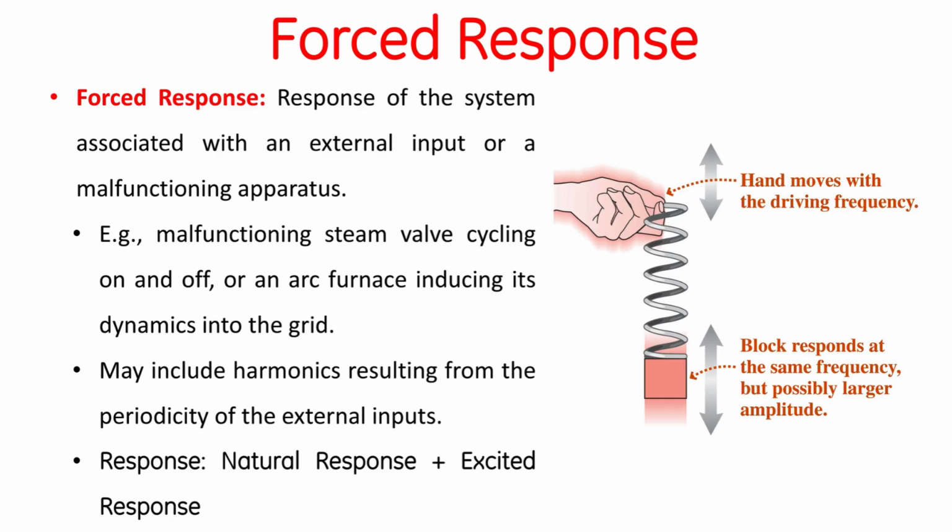The sources gave some pretty clear examples here, didn't they? They did. A classic one was a malfunctioning steam valve on an old-school generator. If it starts cycling open and closed, it injects this rhythmic disturbance into the power balance. Or, perhaps more relevant for the modern grid, you might have nonlinear industrial loads, like big arc furnaces.